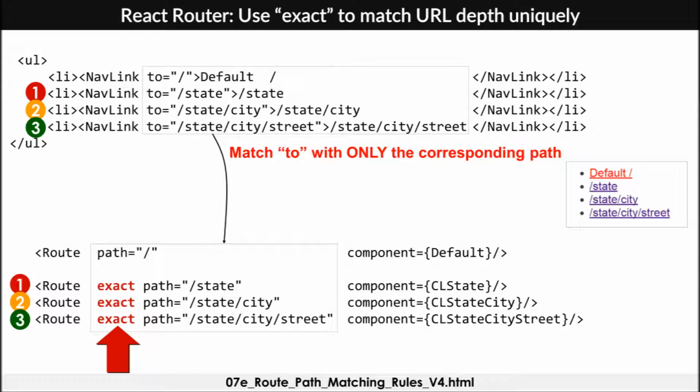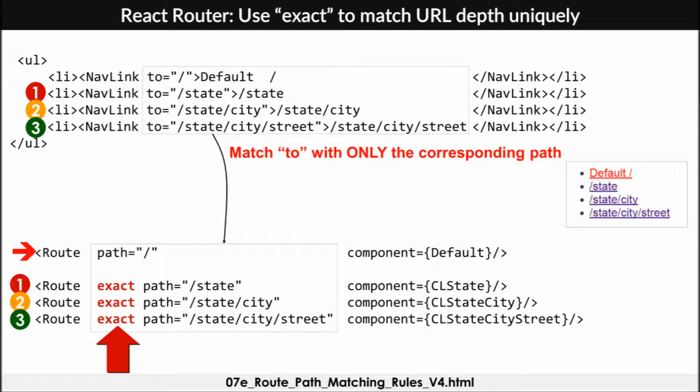Now you're saying, only render this component if the NavLink clicked on, the to portion, matches exactly the depth. And you can see that follow the 1, 2s, and 3s. If you click on number 1, which is just /state, with the exact keyword in place, only the number 1 route will get rendered, which is CL state.